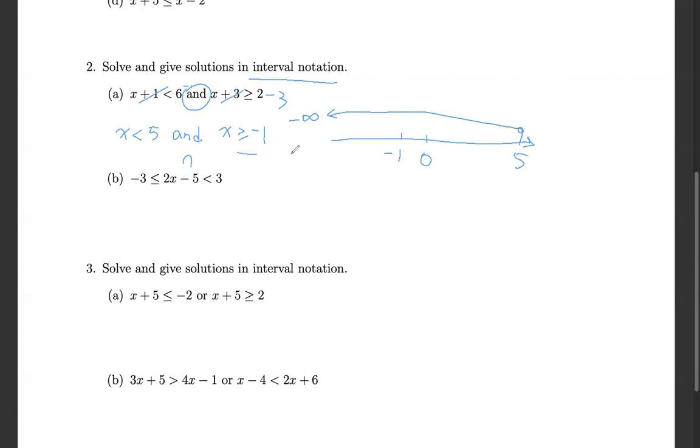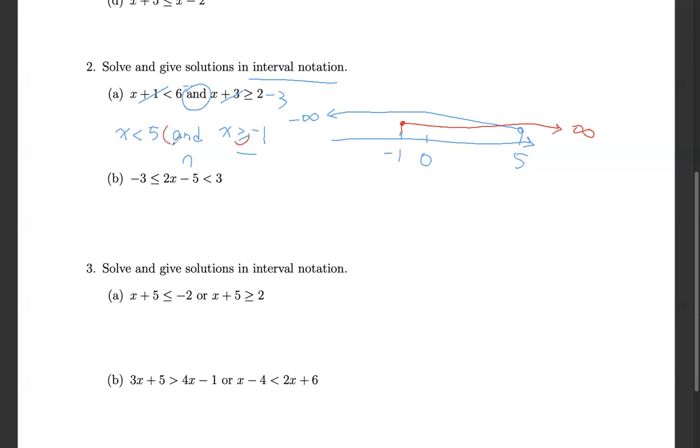And this one, x greater than or equal to negative 1, let me use a different color. So mark negative 1. Because we have an equal sign here also, we mark a solid dot, solid because negative 1 is in the solution. Greater than means we go to the right, to positive infinity.